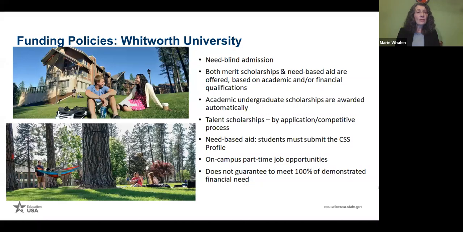So moving on to the funding policies for Whitworth University. We are need blind for admission for both international and domestic students, just as Amherst College is. Our aid, however, is not solely need-based. We offer merit scholarships that include both academic and talent and honor scholarships, as well as need-based aid.